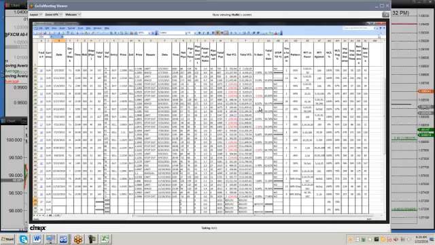This is my completed 2015 spreadsheet, and I've taken what Jay teaches us all with the method and put it down on the spreadsheet. I did a little bit longer term trading because I have a full-time job, so I can't day trade at all. So I'll pull up my trading plan.